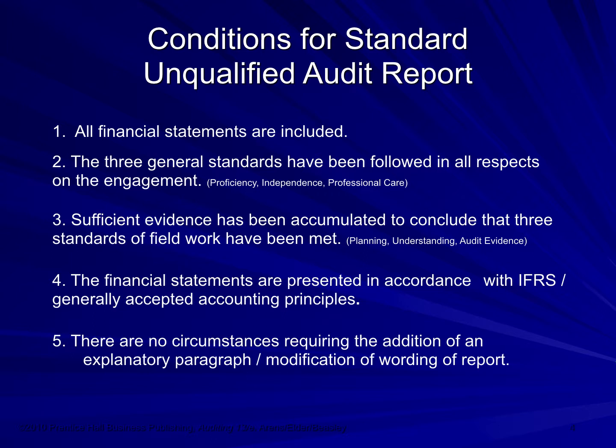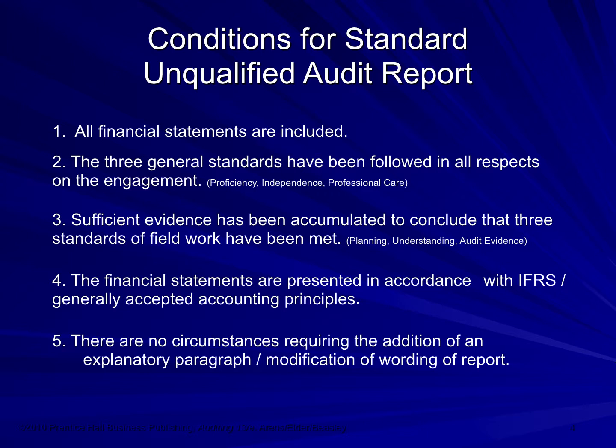There were no restrictions. There were no scope restrictions. Number 4 is that the financial statements are presented in accordance with IFRS or US GAAP. It means the financial statements were prepared meeting the criteria of GAAP.